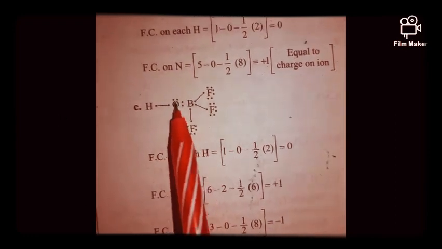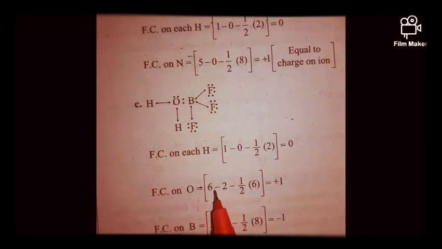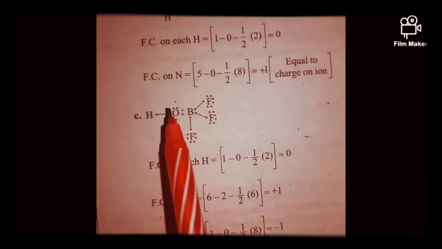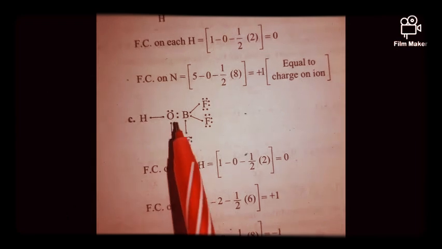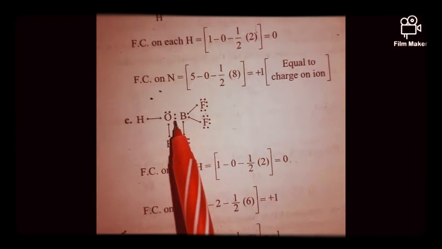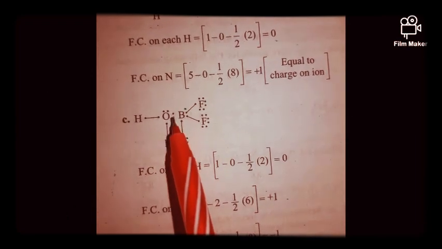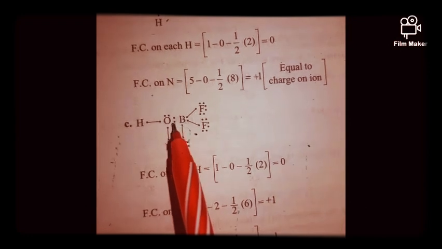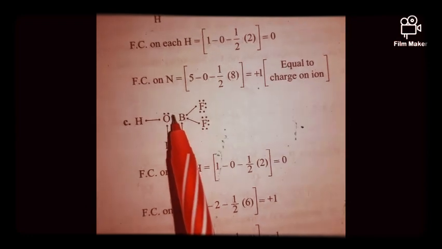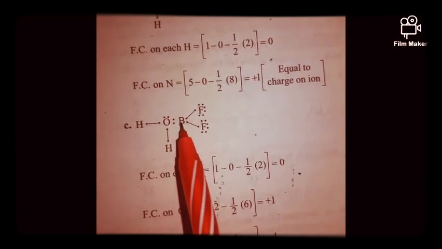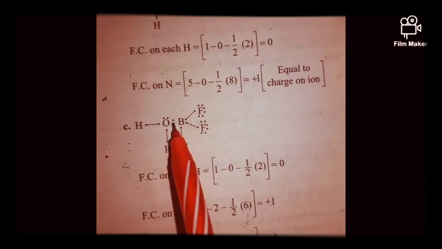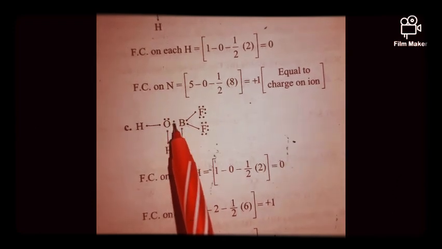The group number of oxygen is 6 minus the non-bonding electrons. Here a lone pair of electrons is involved in bonding, forming a bond between oxygen and boron. These are called shared electrons.